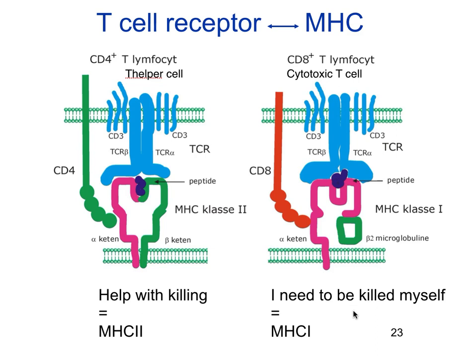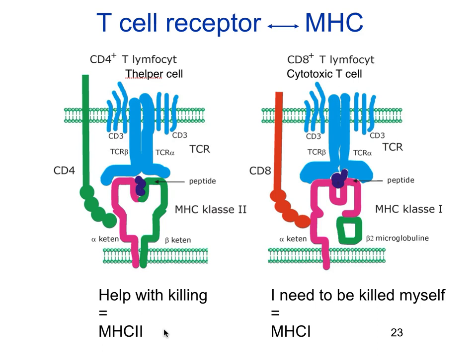So if a cell is infected or it's changed and it's not functional anymore, it can present peptides to T cells on MHC class 1, and that's a signal for the CD8 positive T cells that they need to kill this cell. This cell here can tell the outside world, or the CD8 positive T cells, that I need to be killed. I'm a danger to this body.